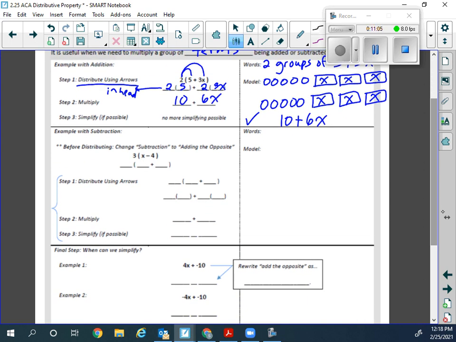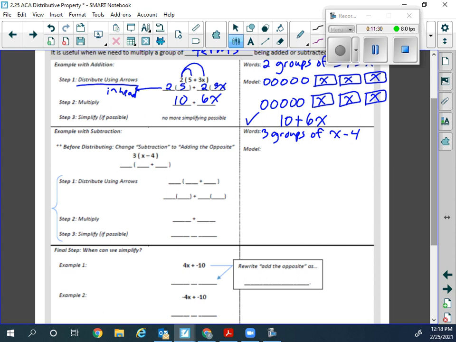You want to try another one? The next one says 3 times x minus 4. How can I write that in words? I heard somebody saying 3 groups. 3 groups of what? X minus 4. I'm not trying to be hard.